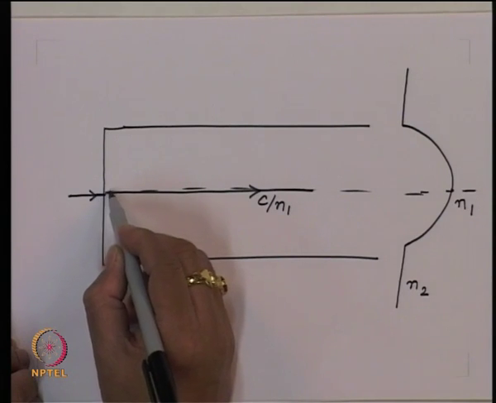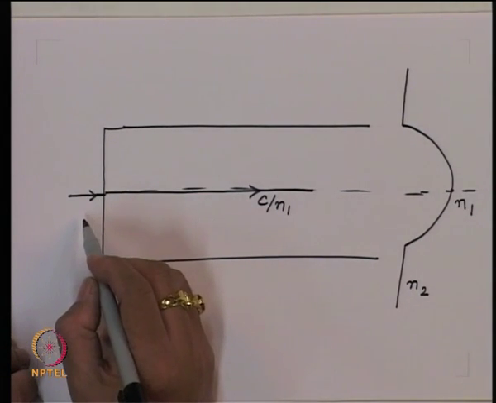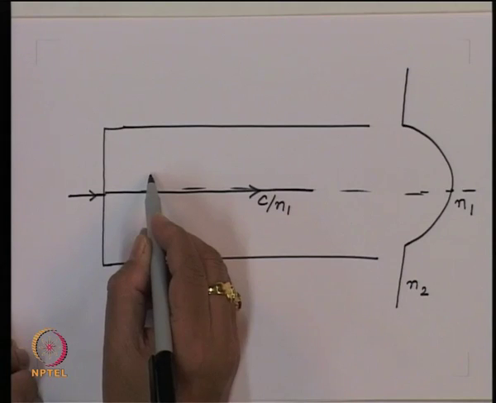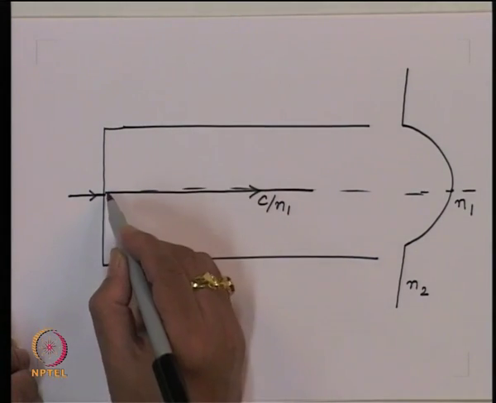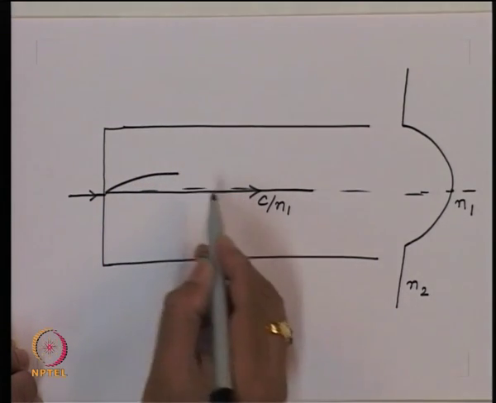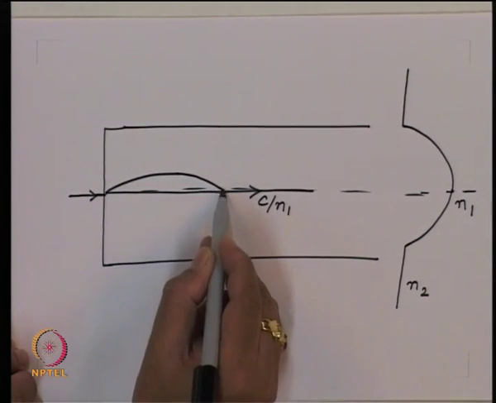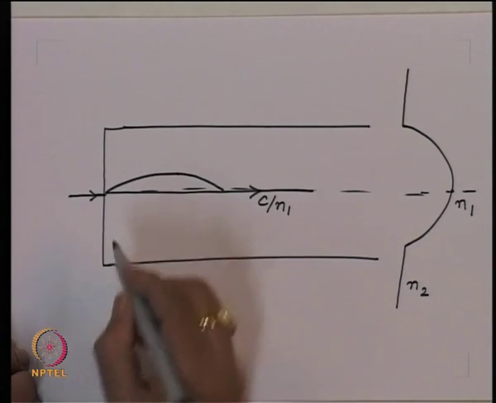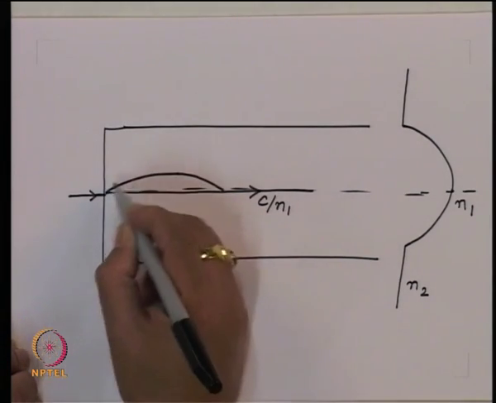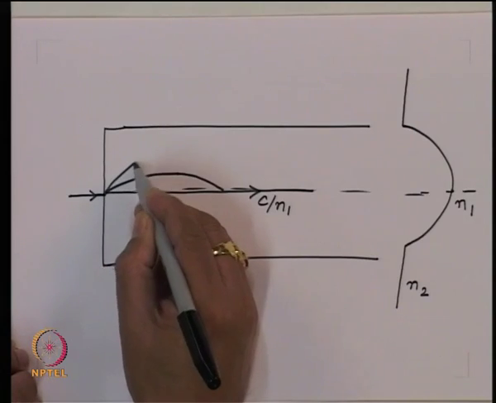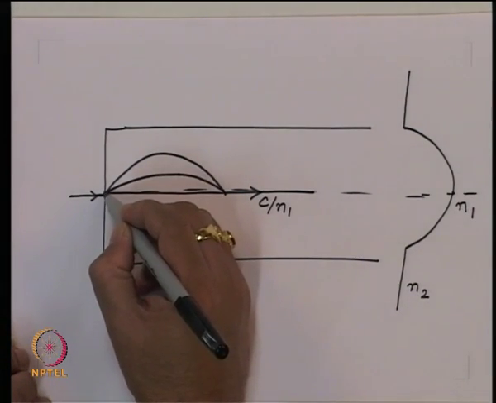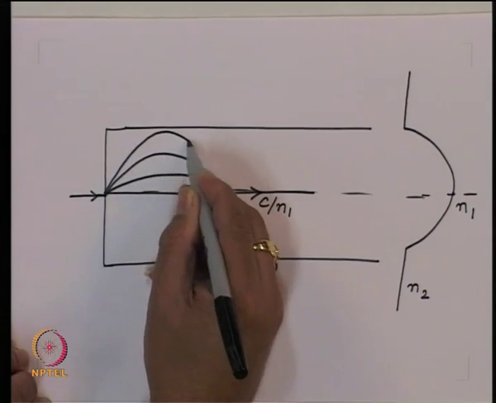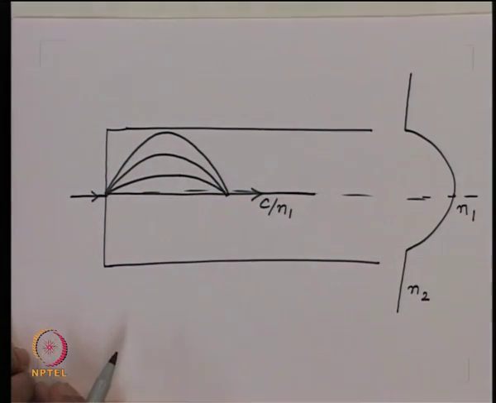The ray which is going at a slightly higher angle will go like this, and now every ray will not go up to this point. The ray will go like that, which has a certain angle, and will come and join here. The ray which goes higher will travel faster and faster, so will go like this, come like this. The ray further goes like this and like this.